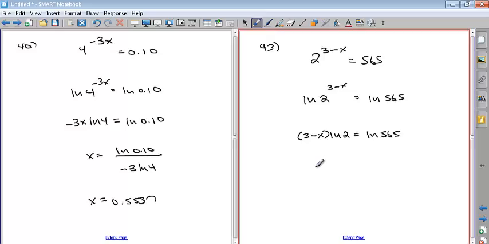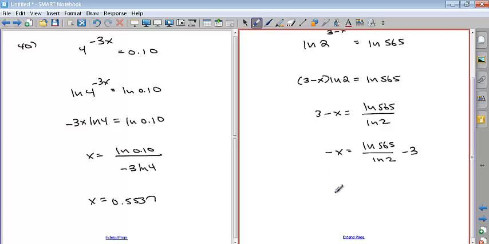Divide by the natural log of 2, then subtract 3 from both sides, and then change the sign. So x is equal to 3 minus the natural log of 565 divided by the natural log of 2.